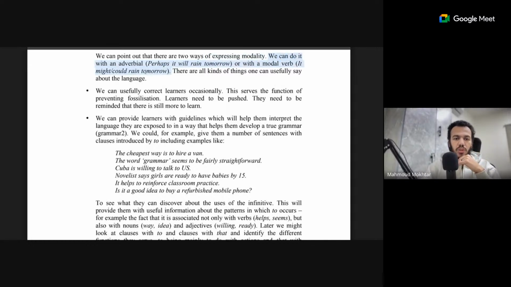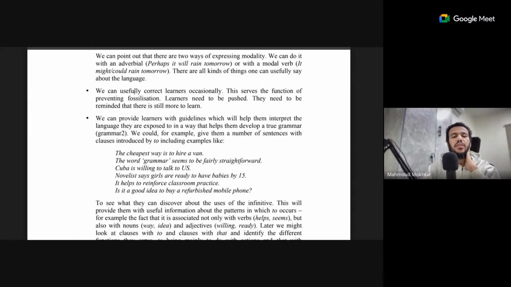We can do it with an adverbial: perhaps it will rain tomorrow. Or with a modal verb: it might or could rain tomorrow. There are all kinds of things one can usefully say about the language.